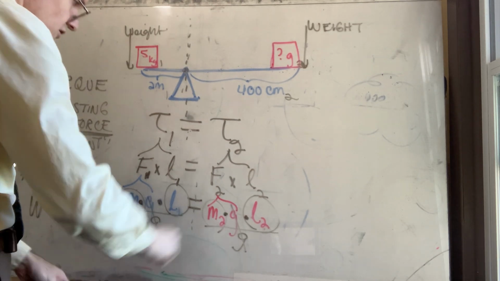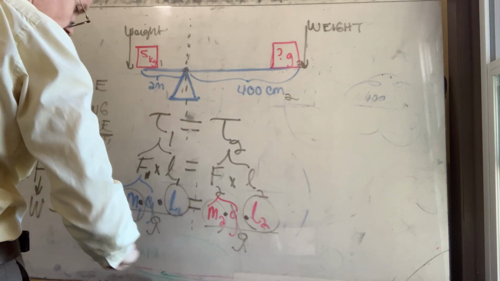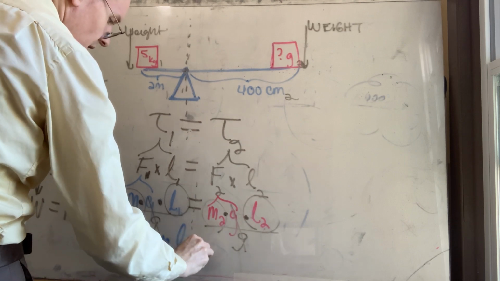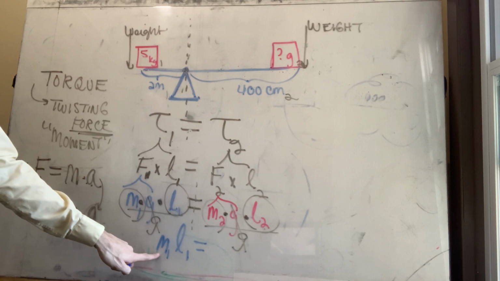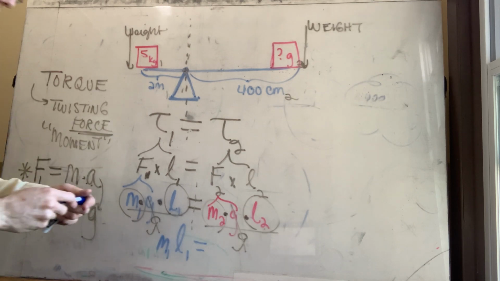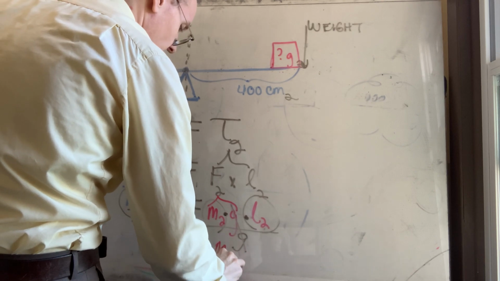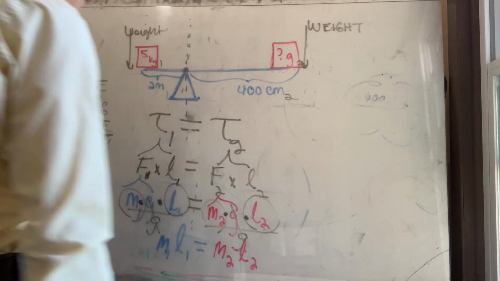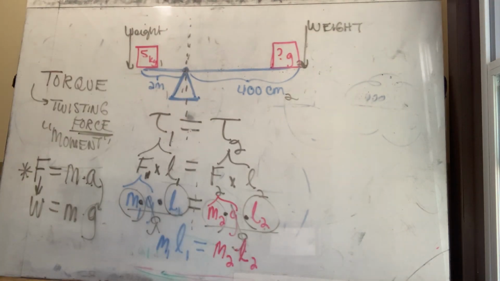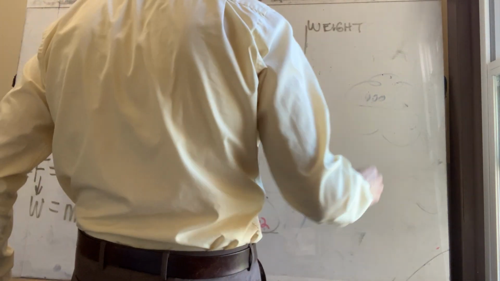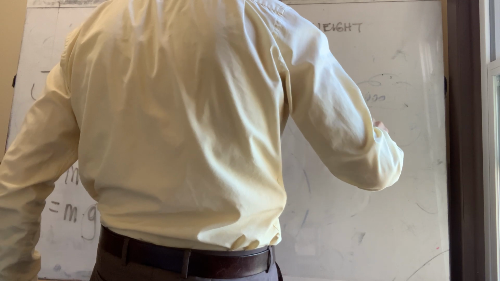Which means that this teeter-totter situation, this balancing act, is really asking, well, whatever M1 and L1 is, what would M2 and L2 have to be? There is some conversion that has to occur here. I'm going to put this over here because it's getting sloppy.